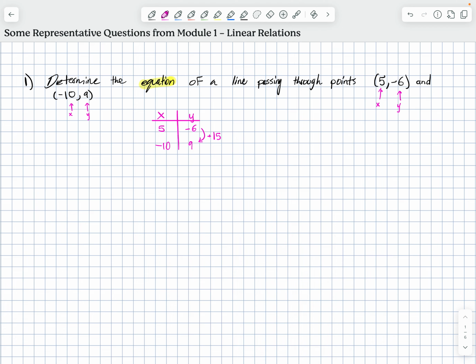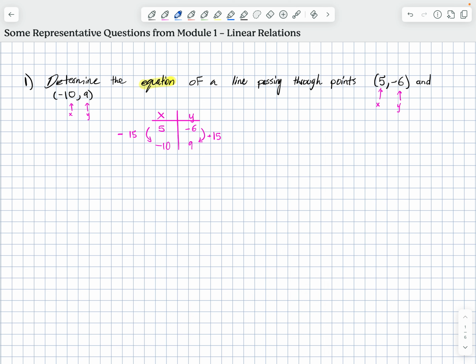Very good. And in the x direction, the change in x, how do I go from 5 to -10? Well, it's actually a decrease of 15. That comes from -10, my final, minus 5. So -15 there, and you can check that as well.